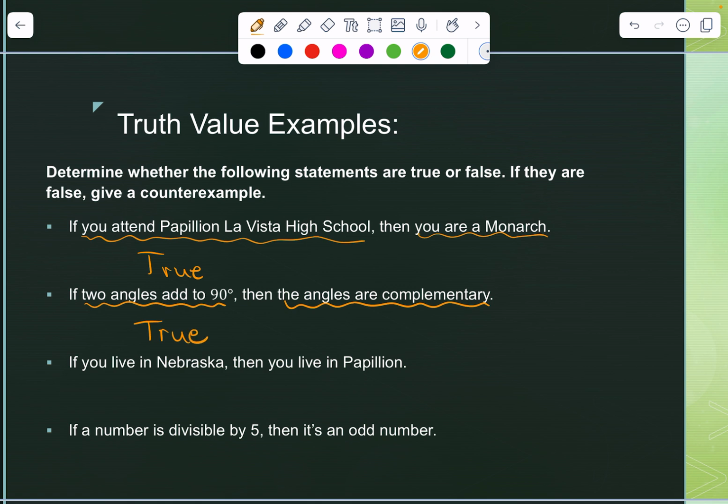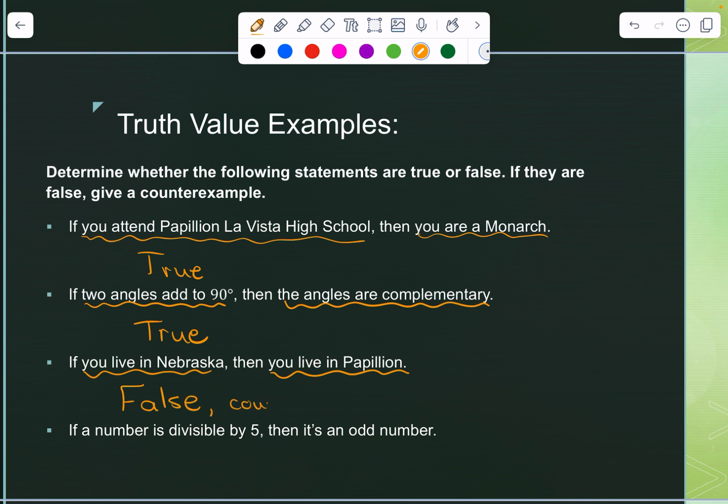Okay, let's try the next one. If you live in Nebraska, then you live in Papillion. Here's the question you need to ask: could you live anywhere else in Nebraska that is not Papillion? And the answer is yes. So this conditional is going to be false.